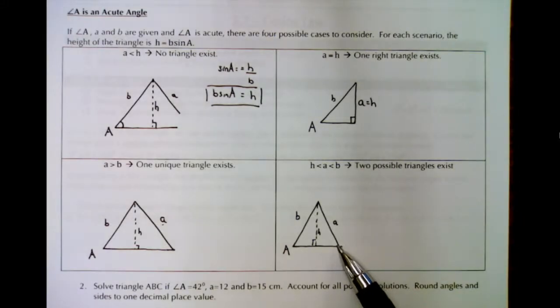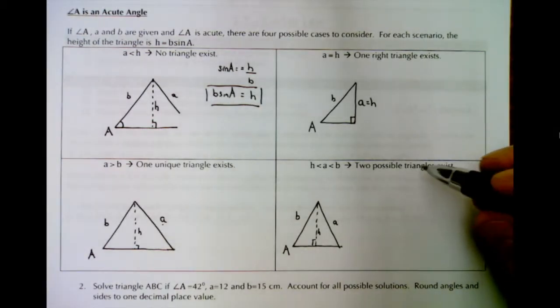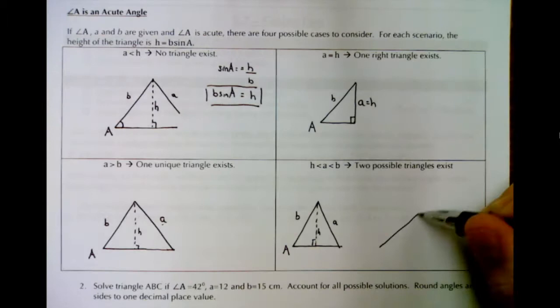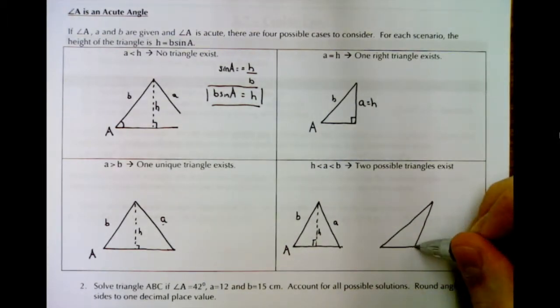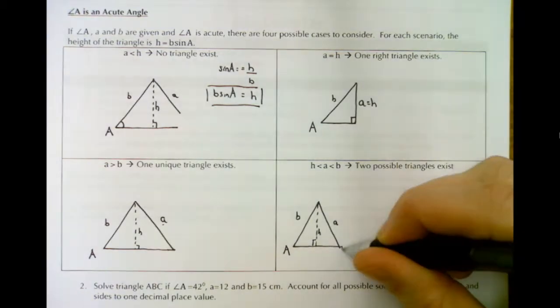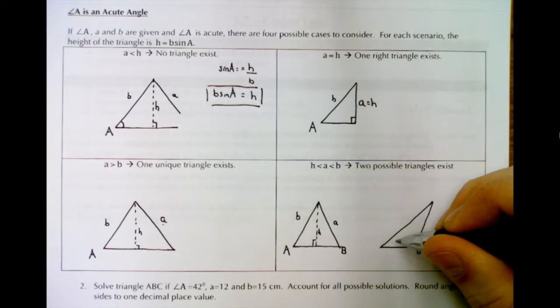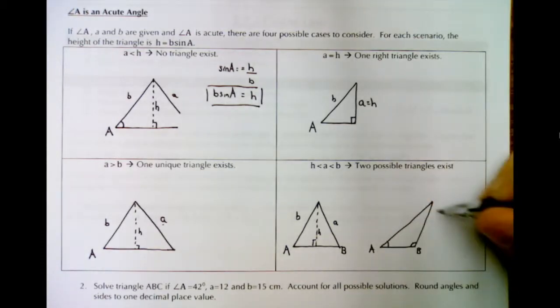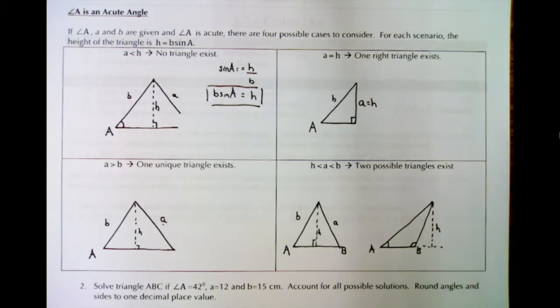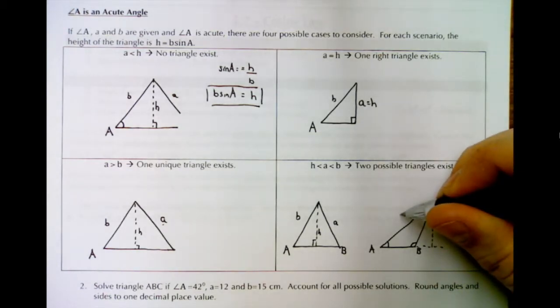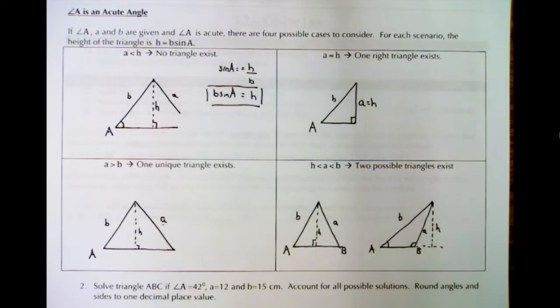That just means angle B is bigger than angle A, and the height is the smallest. And the reason there's 2 triangles is because I can draw this 2 different ways. Here's the other way. Sometimes the height can be outside the triangle, and that's the case in this one.